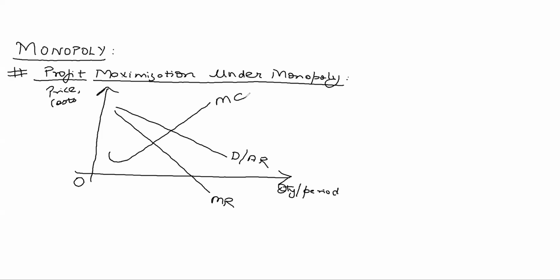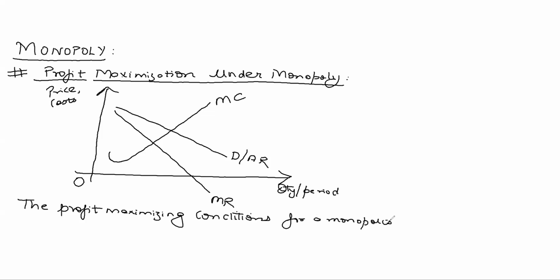And we had done the profit maximizing conditions. The profit maximizing conditions for a monopolist are as follows. First condition is that marginal revenue should exactly be equal to the marginal cost.